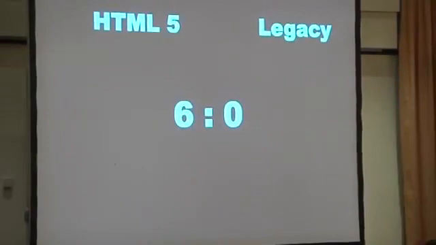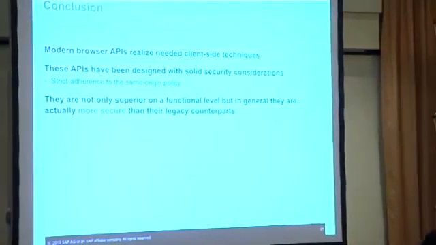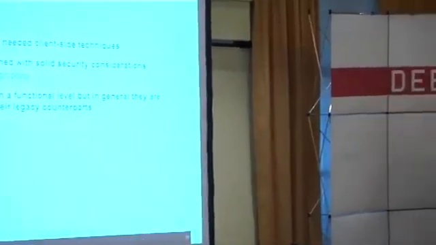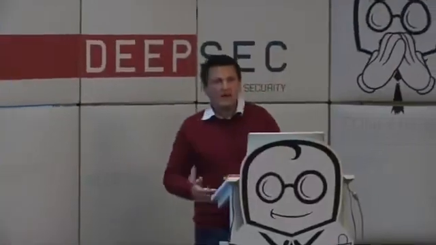And with this, I would like to conclude. So what we see is that modern browser APIs realize needed client-side technologies. So technologies that web applications really need and that web developers already used before, but in an insecure fashion. But this time, we see that these APIs are designed with a solid security model in mind.